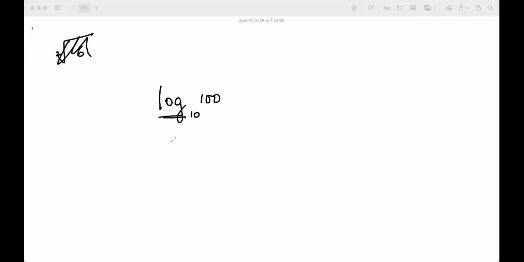Sometimes there's something called the E function, the Euler number, and that can also be a log base. When you look at log base e, it is sometimes written as ln 100. If you see the word ln, then it refers to natural log.